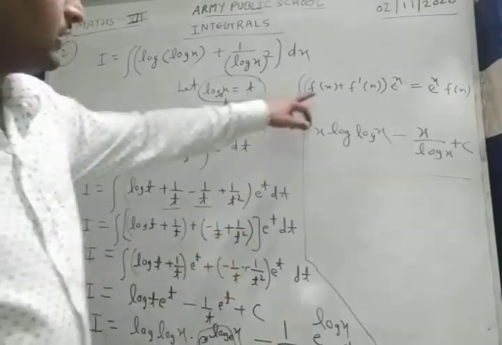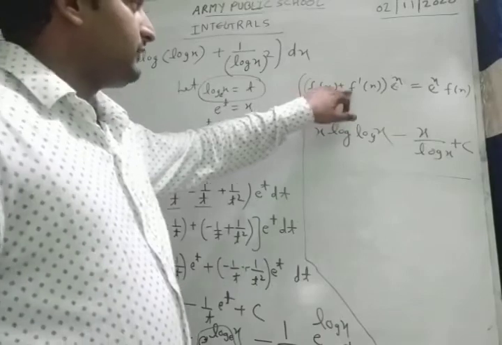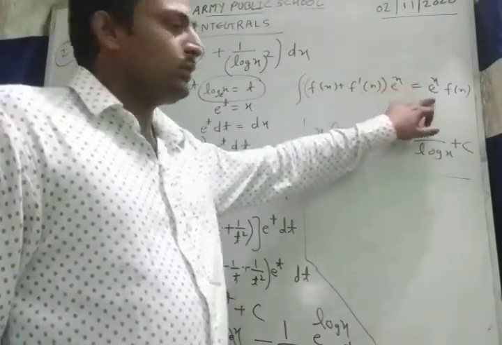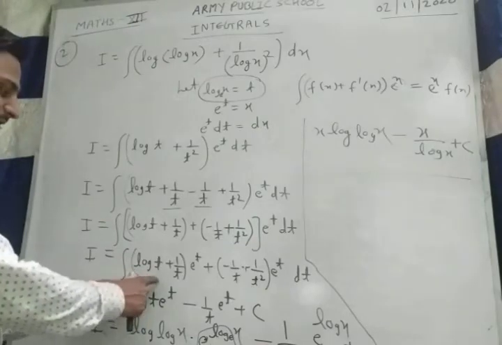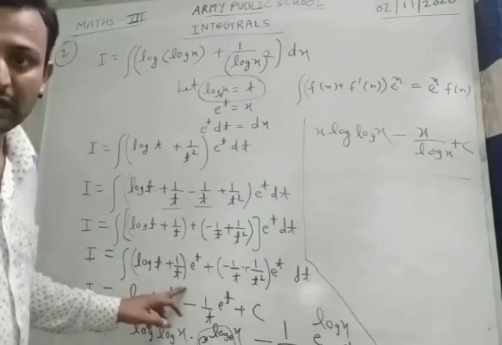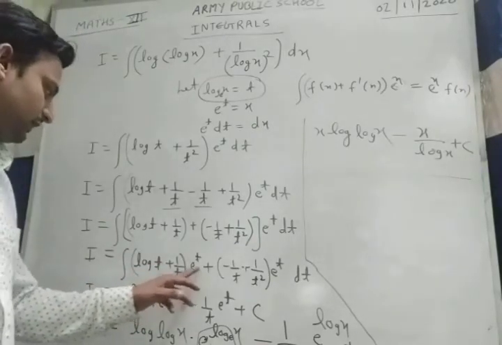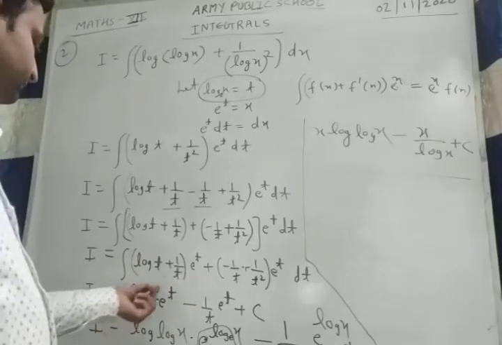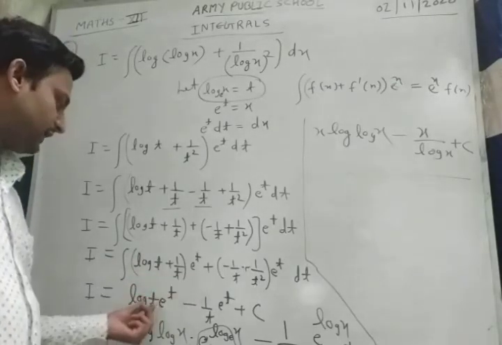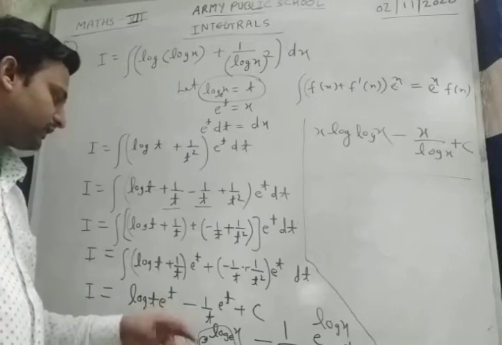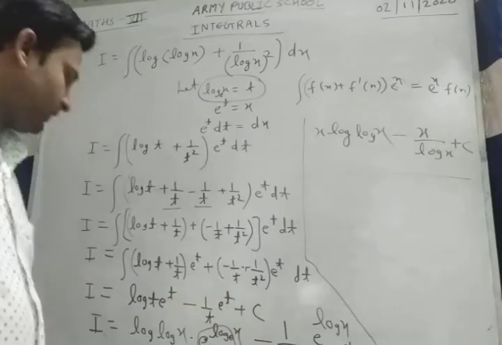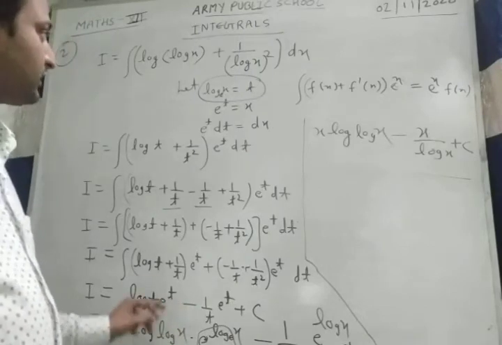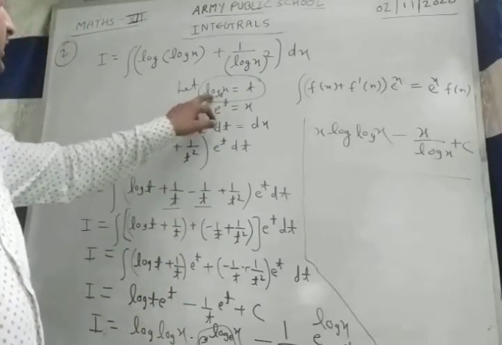Now we know the formula: integration of f x plus f dash x, e to the power x, is equal to e to the power x f x. So we apply this; this is f x and this is f dash x. So after multiplying, after integration we get log t e to the power t, here minus 1 by t e to the power t plus c. Now put the value of t which we supposed in the starting.